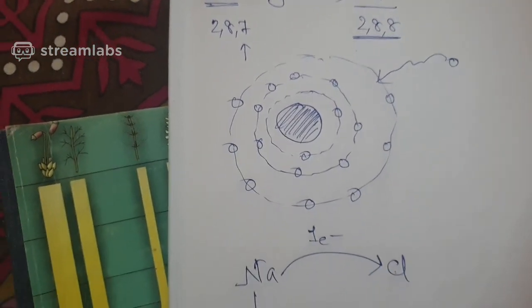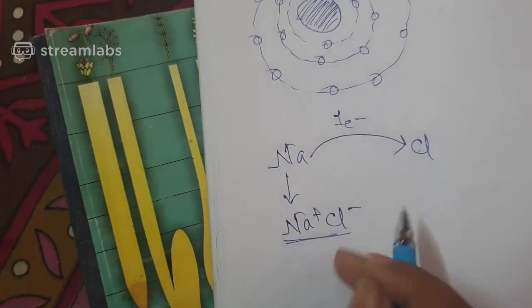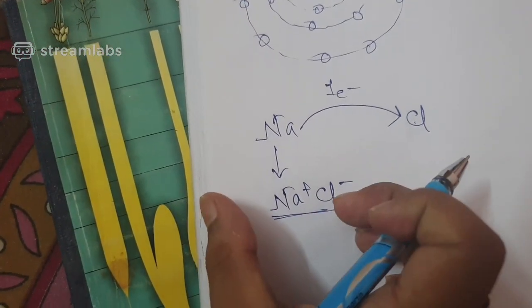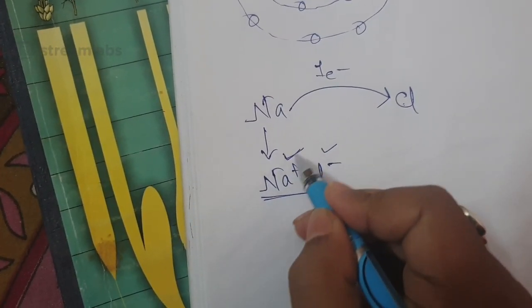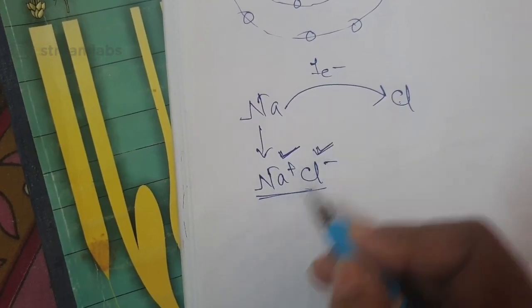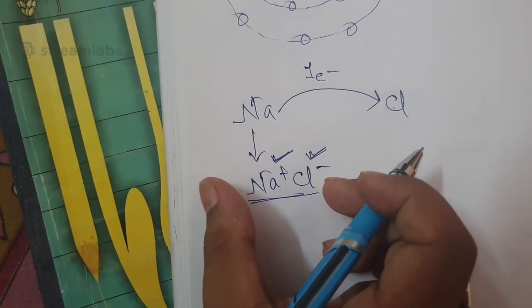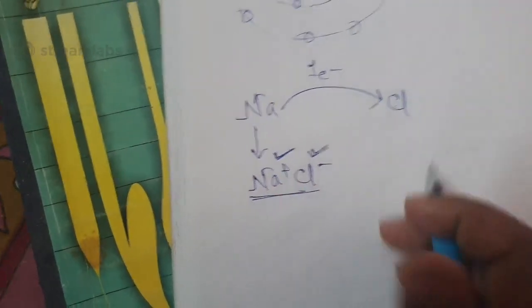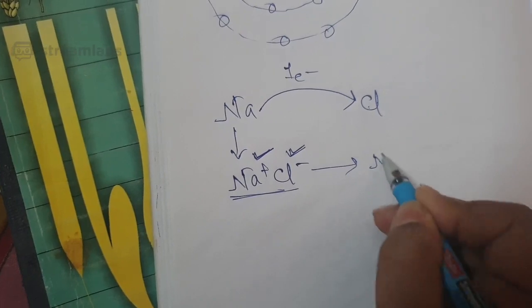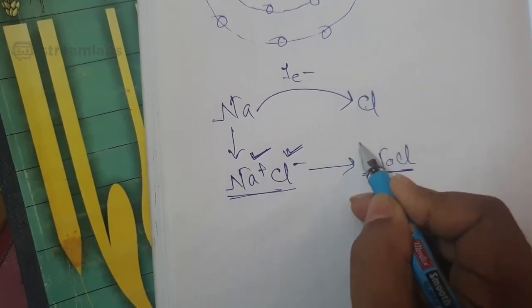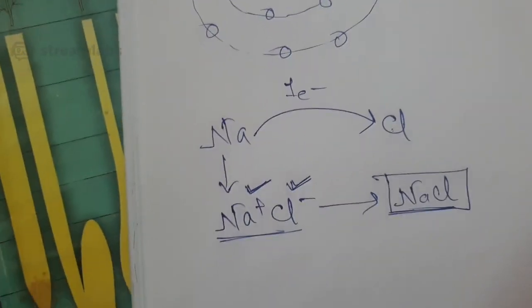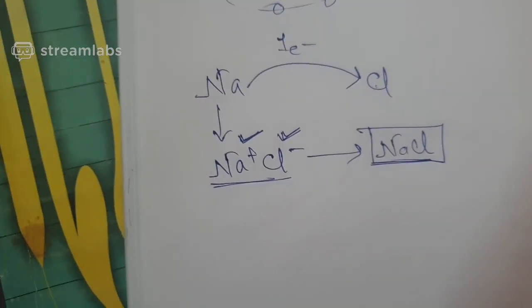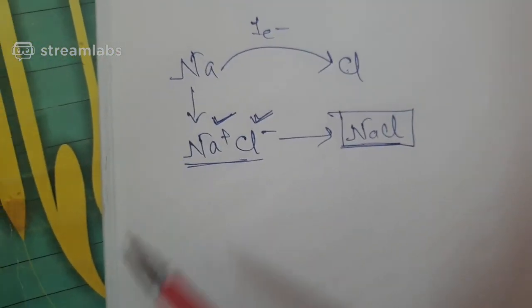They come in very close proximity to each other, and there is a very high force of attraction between the positively charged cation and the negatively charged anion. They bind with each other and thus form NaCl. This type of bonding is known as electrovalent bonding.